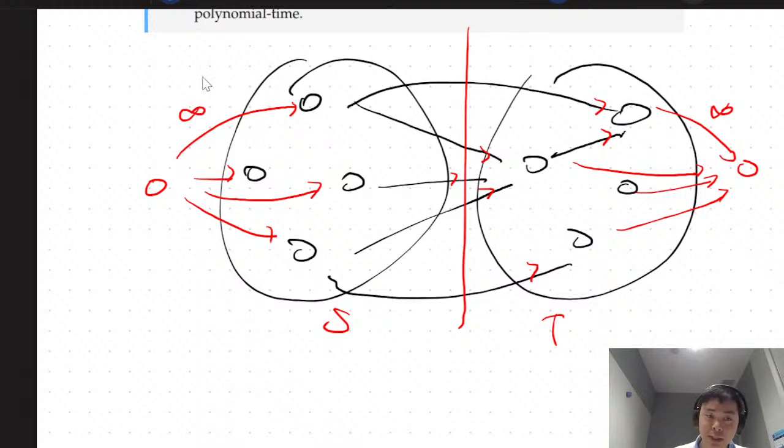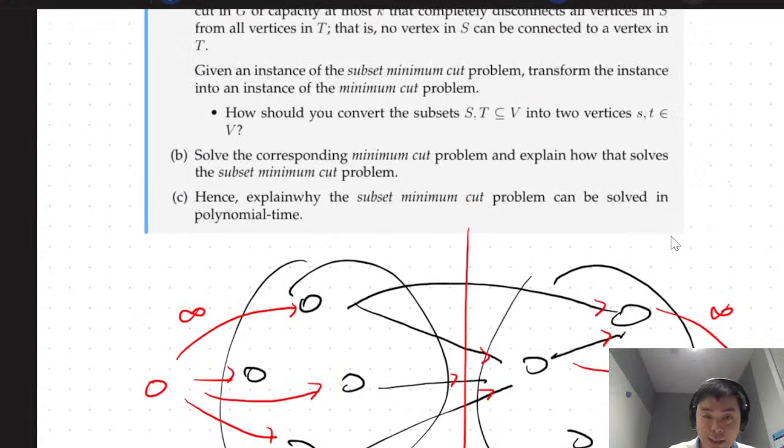If I were to make it some finite value, then this wouldn't work because some of the edges here might be cut when we solve the minimum cut problem. But the infinite capacity ensures that we never cut these edges. Okay, so this is our transformation.